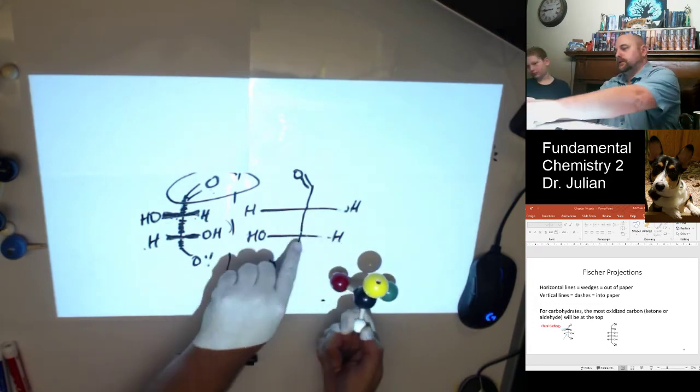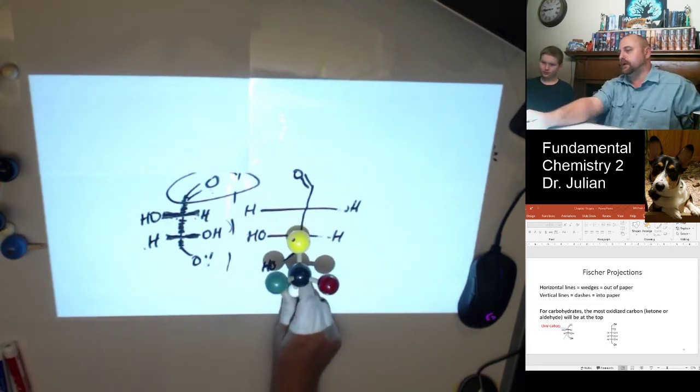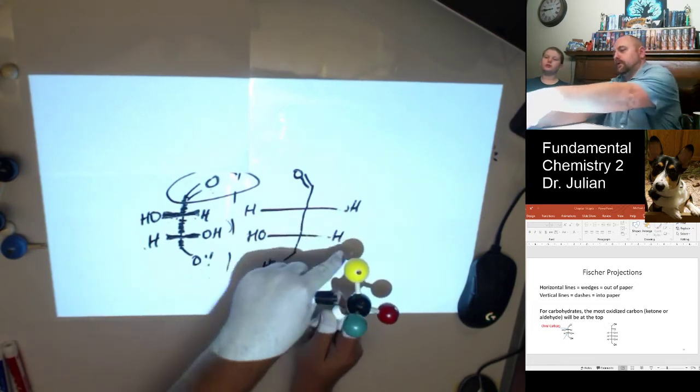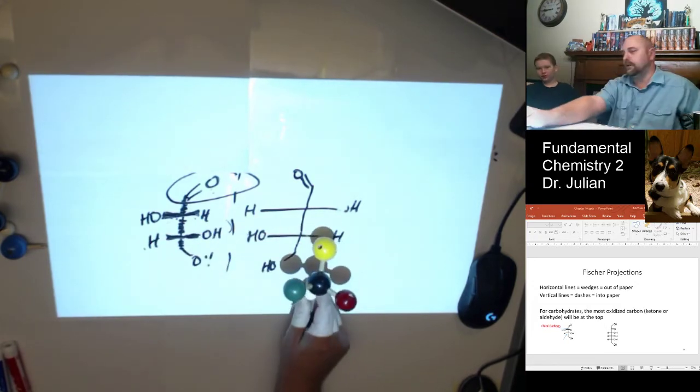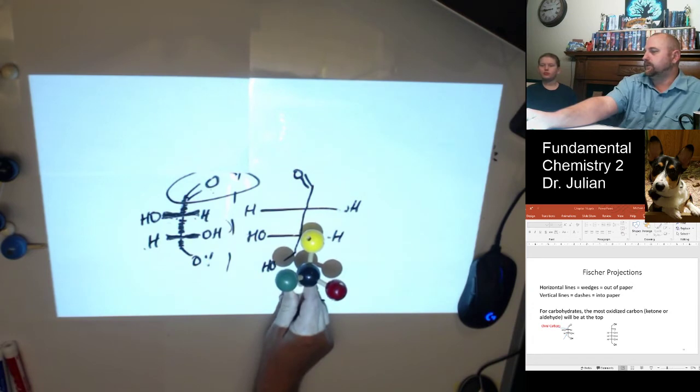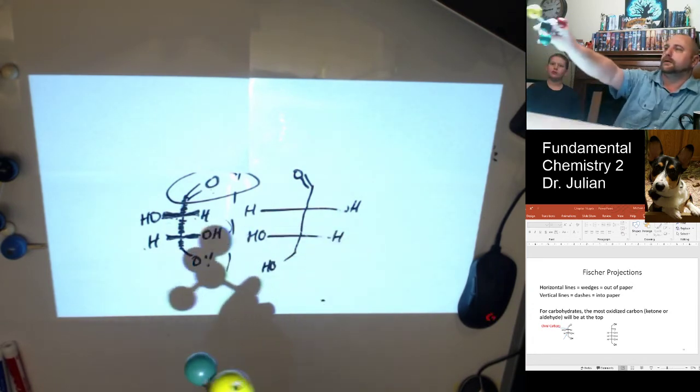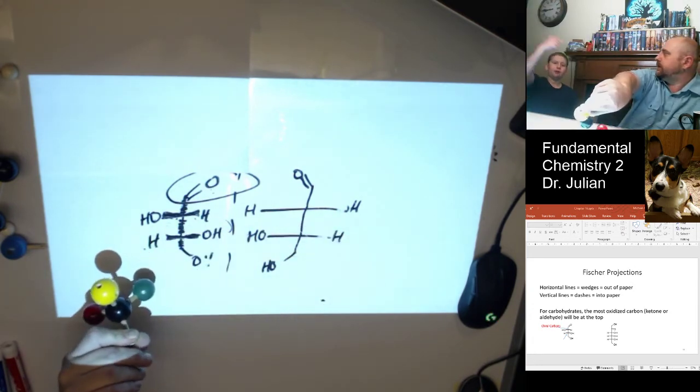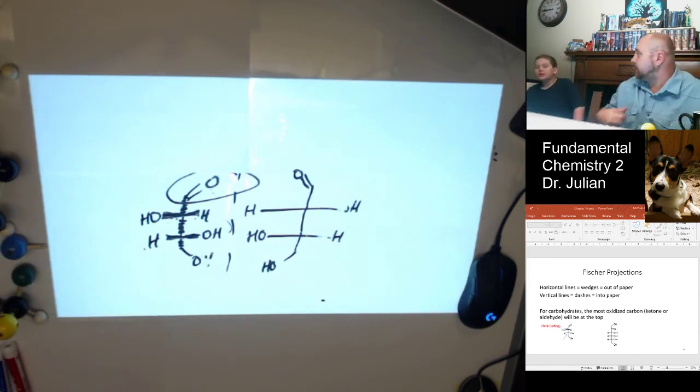And they'd be coming up, right? The ones going across come up. So if I take this and flip it like that, what happened? They're going down now. They don't match our drawing.